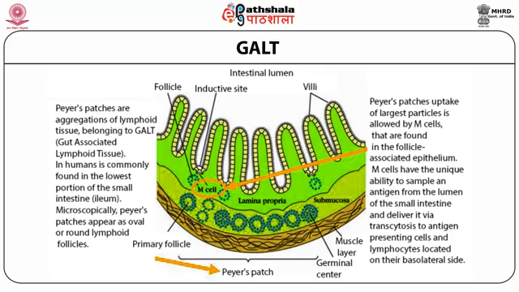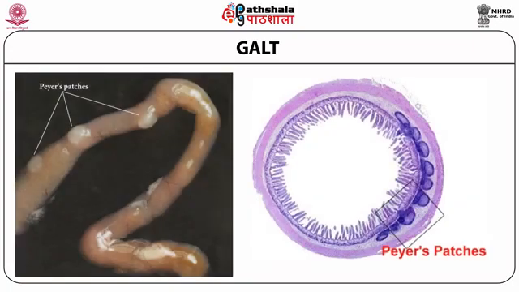Peyer's patches are aggregations of the lymphoid tissue which belong to GALT. In humans, they are commonly found in the lowest portion of the small intestine, that is the ileum. Macroscopically, Peyer's patches appear as oval or round lymphoid follicles. Uptake of larger particles in Peyer's patches is allowed by M cells that are found in the follicle associated epithelium.